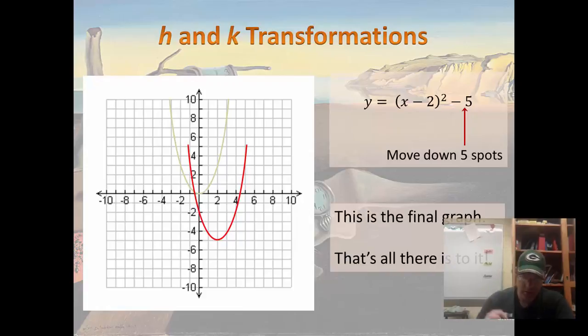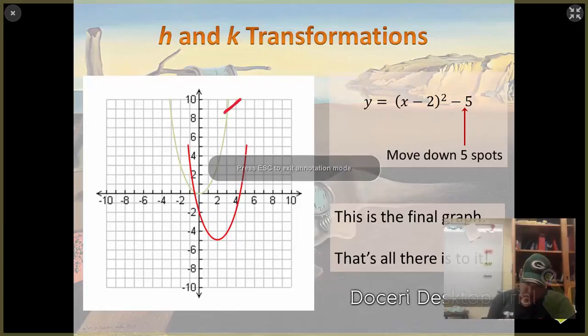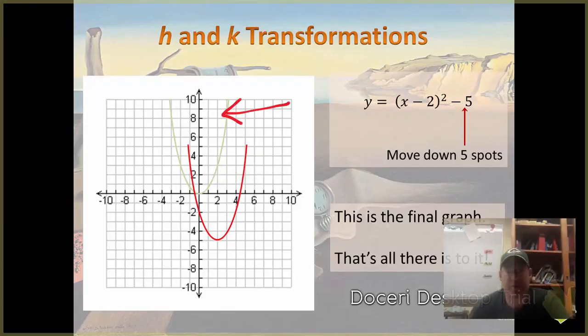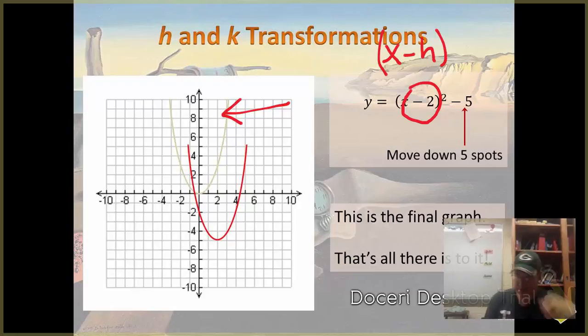So basically, you start off with what your parent function looks like, and then where it moves from there. Now what I want you to remember is that the basic formula is x minus h in parentheses. So a minus h means that it moves to the right. It seems kind of counterintuitive, but that's the way it works. If it were a plus 3, then it would move left 3 spots.